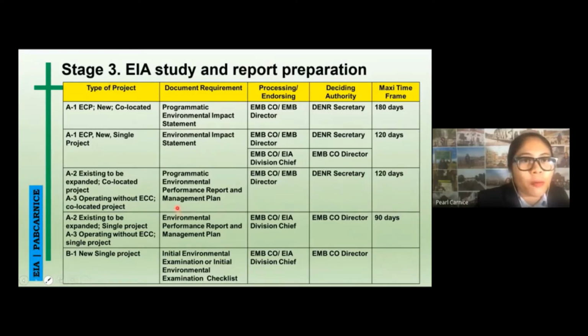The same with operating without ECC, which is a co-located project. Talking about this now, this is actually a slap on my face and on our faces, because as far as I know, I'm not sure with this, but in my opinion and on my own knowledge, there's actually no ECC.